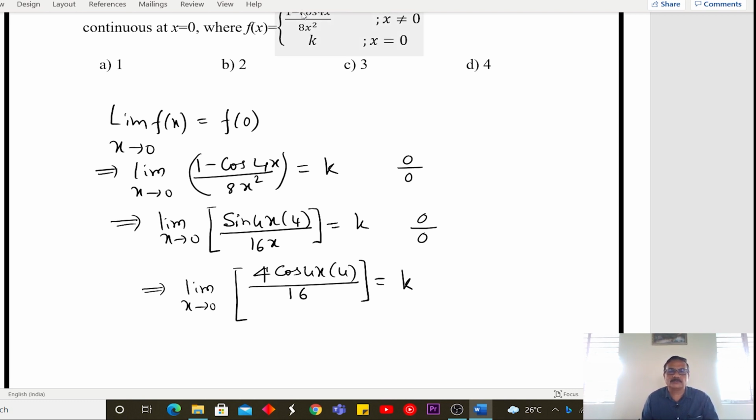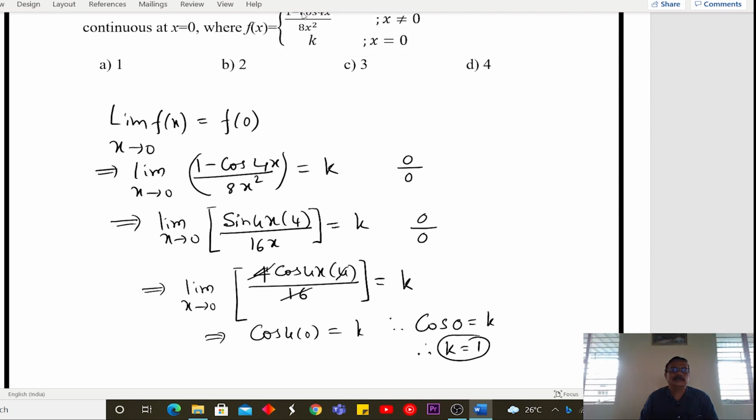Okay, now here 4 into 4 is 16, 16 cancel, put x equal to 0, cos 4 into 0 is equal to k. Therefore the value of k is cos 0, value 1. So option A is the right option. Okay.